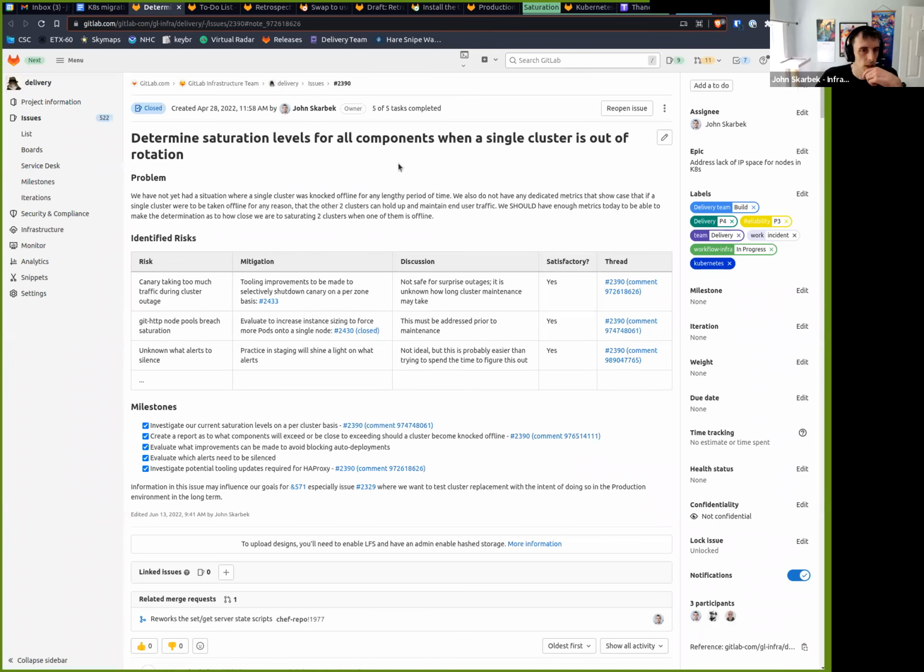So one of my issues was trying to determine the saturation level for all of our components, right? And I rolled through this issue and identified 3 areas which were important. So I'm going to go through these out of order. I don't know what alerts need to be silenced.